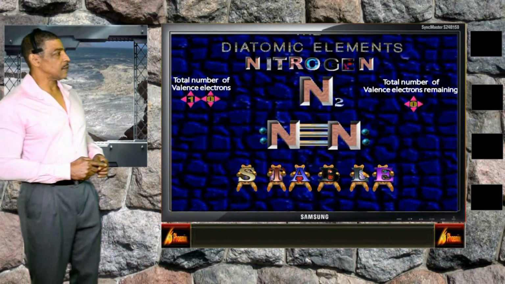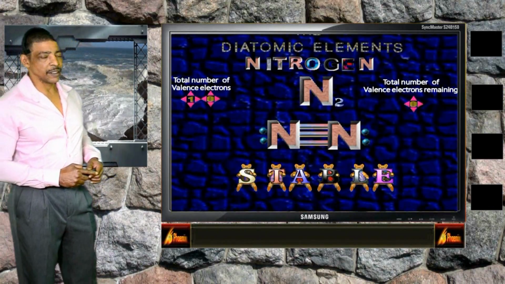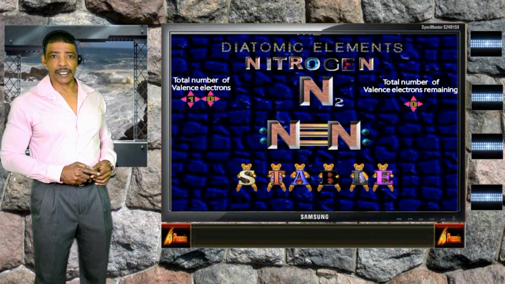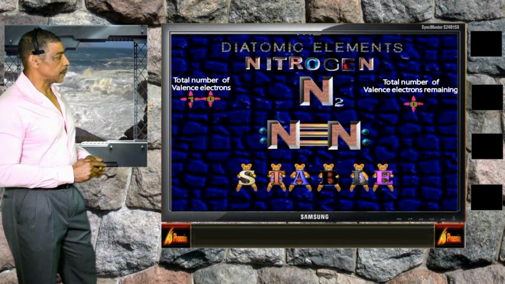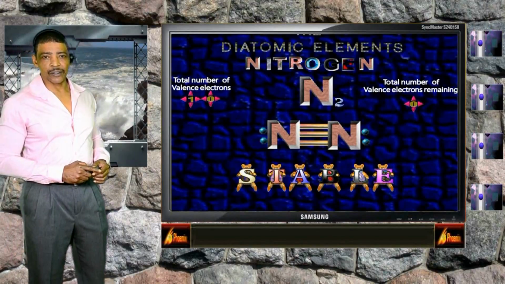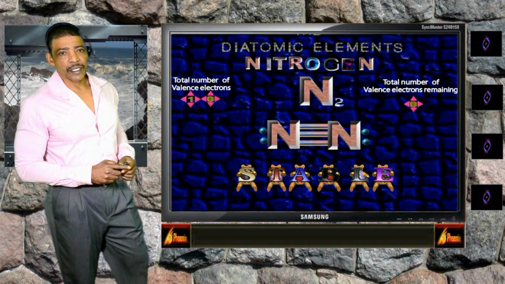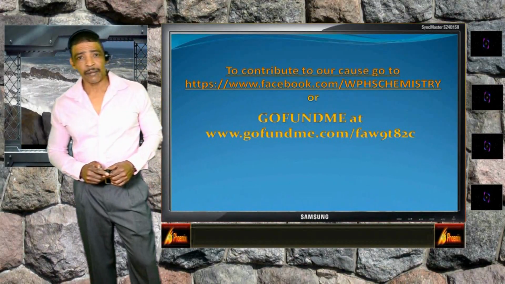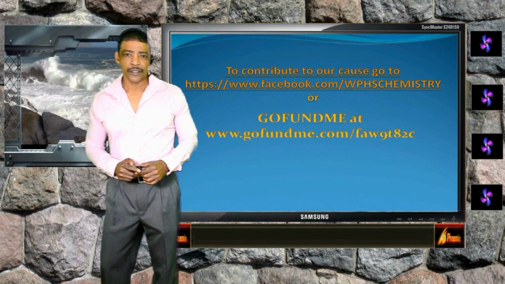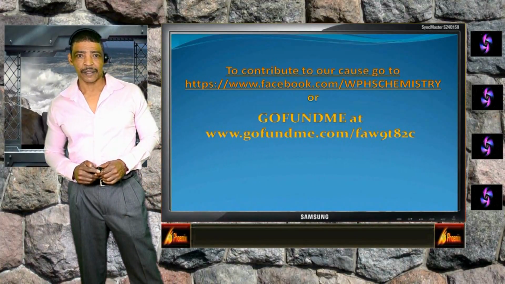Nitrogen is the only diatomic element containing a triple bond, and we now have created a stable molecule of nitrogen gas. This concludes my lesson on identifying the bond and molecular polarity in molecules of the 7 diatomic elements.